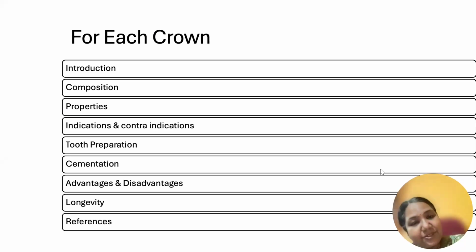Remember the general indication, contraindication, and specific relative contraindications of different crowns. Tooth preparation, though in general very similar, has small, minute differences between each of these crowns. Remember cementation, and you should remember at least one or two longevity studies and success rates of these crowns.